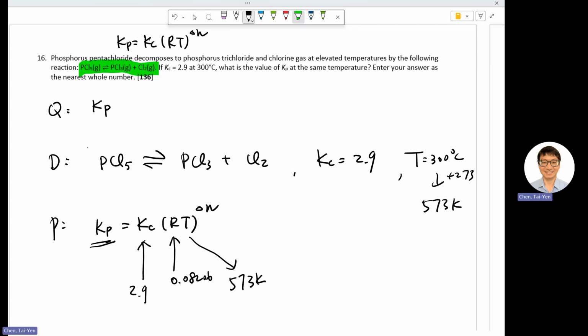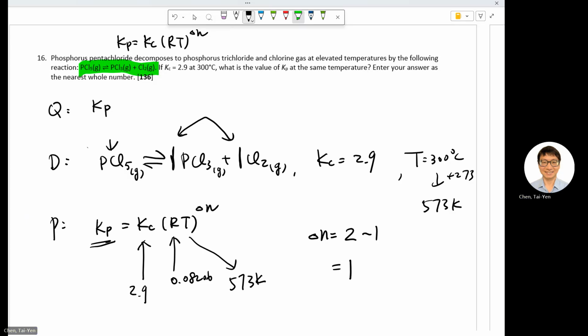Delta n, right? What's delta n? 1, right? How do you know it's 1? Because on the product side, you have a total of 2 gas molecules, all in gas form, of course. On the reactant side, you only have 1. Therefore, your delta n is simply 1.